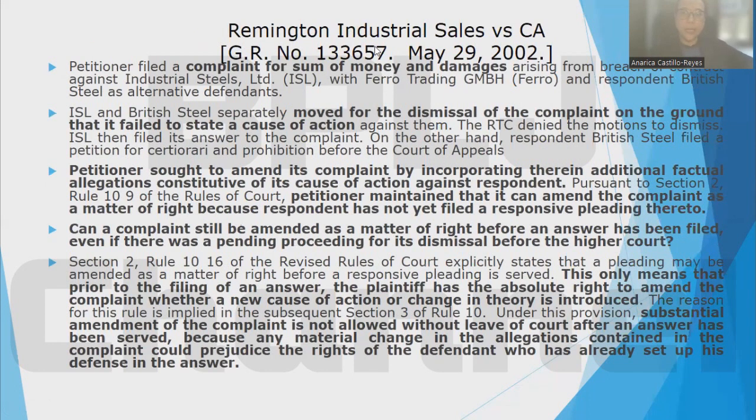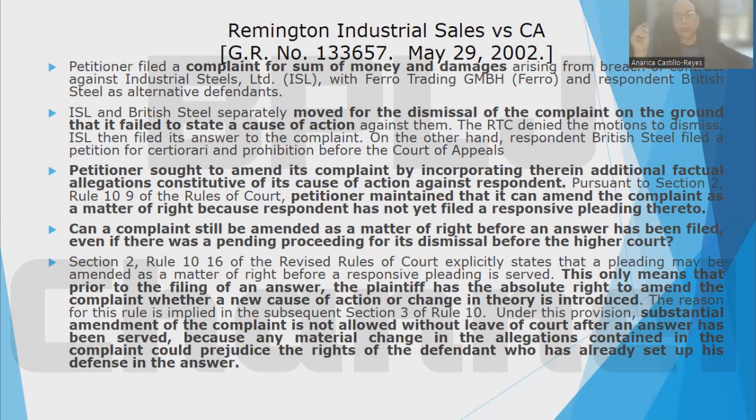Okay, we have the case of Remington Industrial Sales versus CA. So in this case, the petitioner filed a complaint for sum of money and damages against Industrial Steels. ISL moved for the dismissal of the complaint on the ground that it failed to state a cause of action.